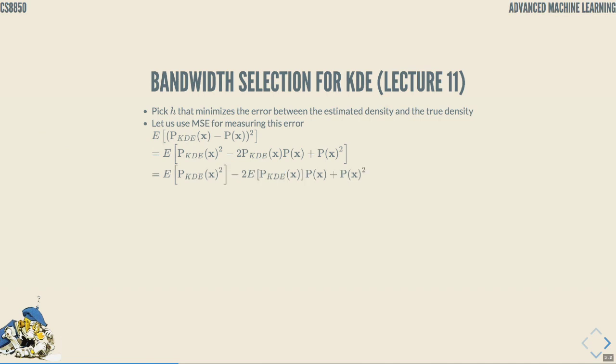An expectation of something that doesn't change, because the true density stays the same, is just a constant, the quantity by itself. And then we do the trick. We add and subtract the square of the expectation of our estimator. Add this part and subtract this part.